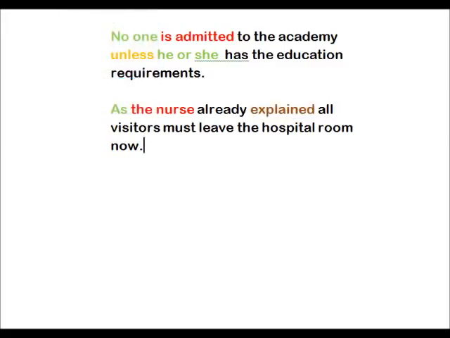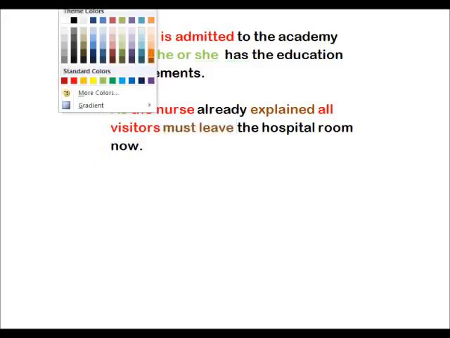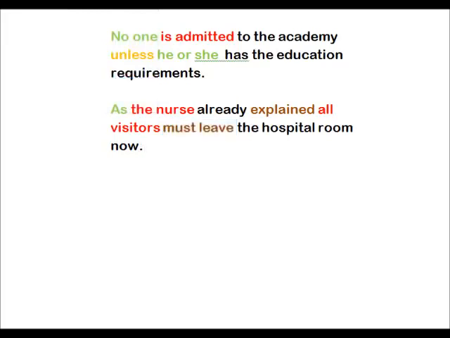So, as connector, the nurse subject, explained verb, and look at this. We've got another subject here, which is all visitors. And I've got must leave, which is also another verb. So connector, two subjects, two verbs.